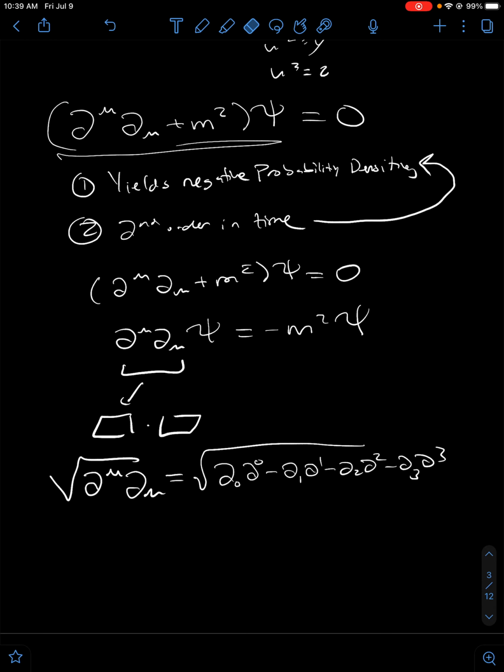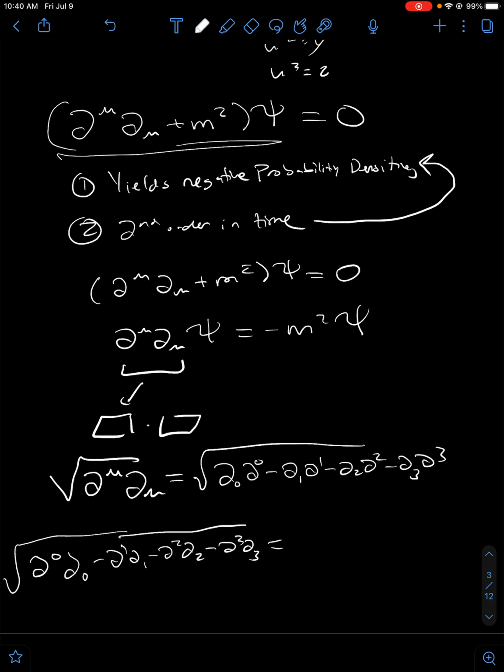What if we just assume that the square root of partial not minus partial 1 minus partial 2 minus partial 3 could be written as some linear combination of partial not plus gamma 1 partial 1 plus gamma 2 partial 2 plus gamma 3 partial 3.